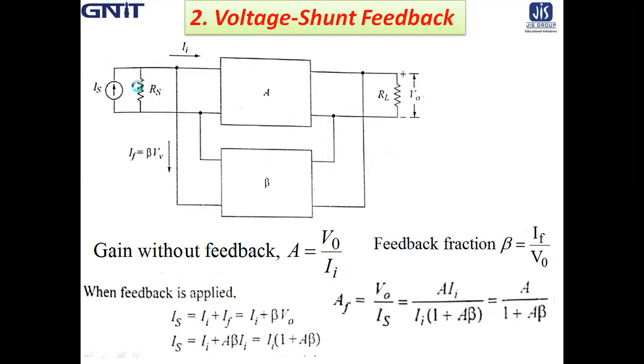If the shunt mixing connection is at the input, that ensures that your input source must be a current source, and voltage sampling ensures that the output signal is a voltage. So a current source at the input and voltage at the output.